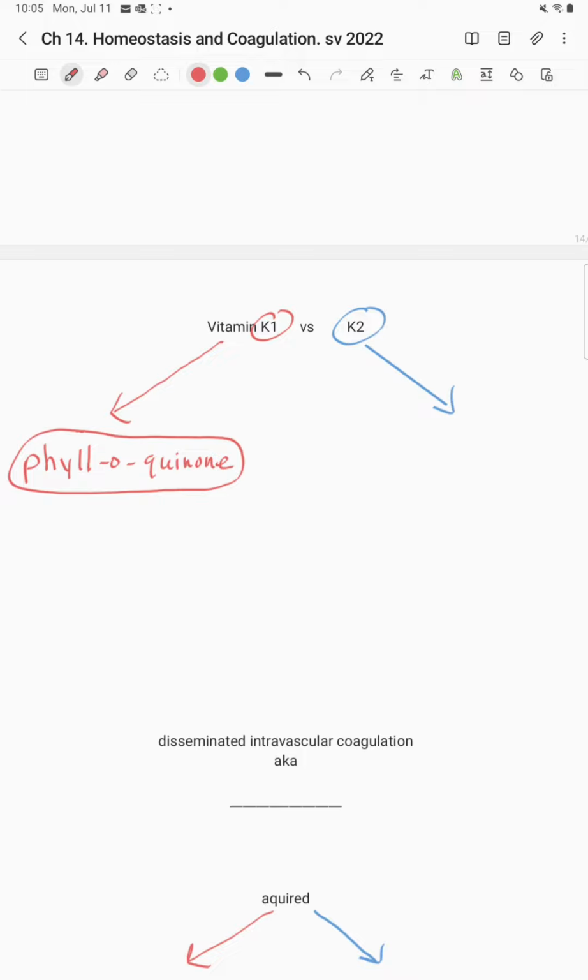This is also known as K1. It's a short chain form. It's less stable. It needs gut microbes to activate it.